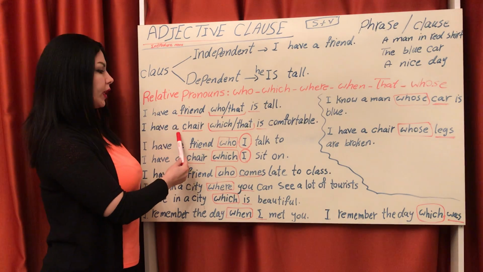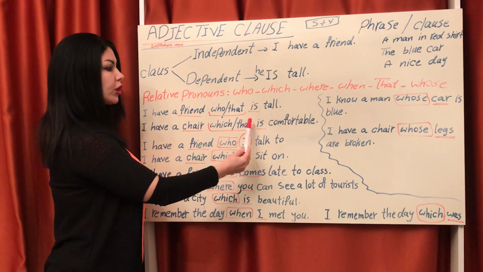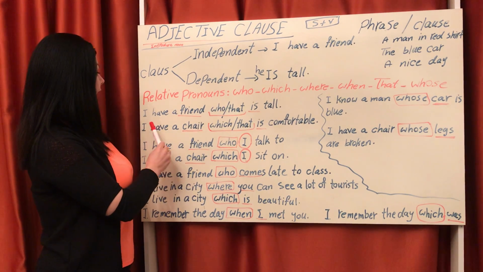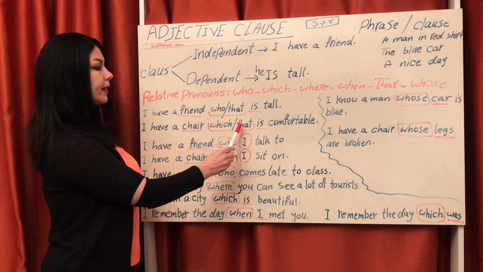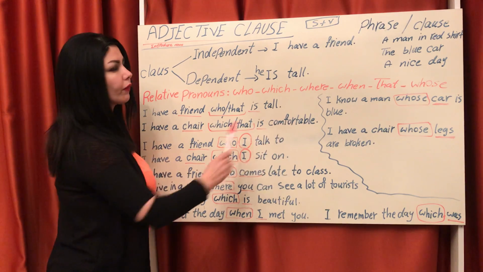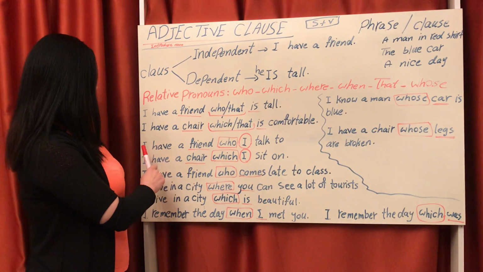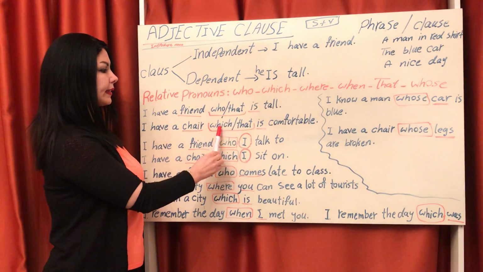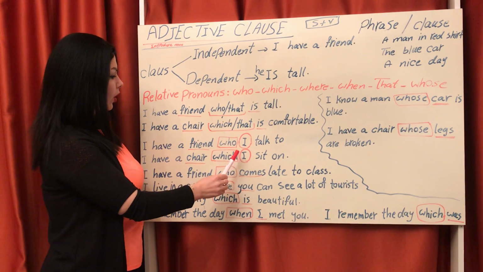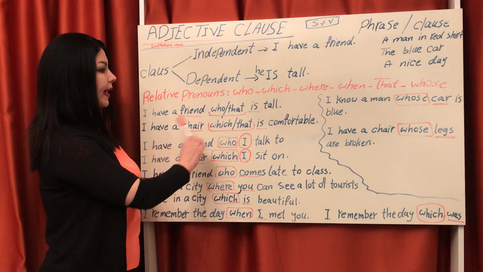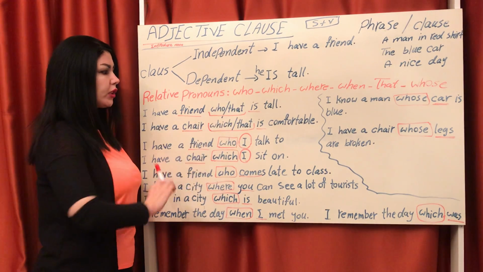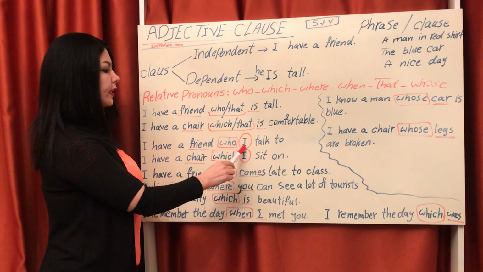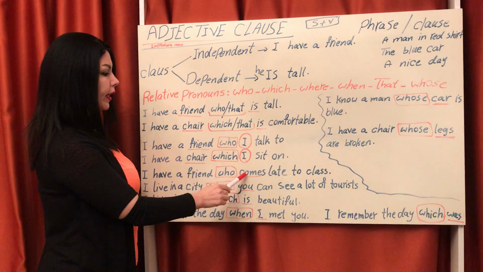I have a chair which is comfortable. Or I have a chair that is comfortable. After who, that, which, we can use a to be verb or subject or main verb.